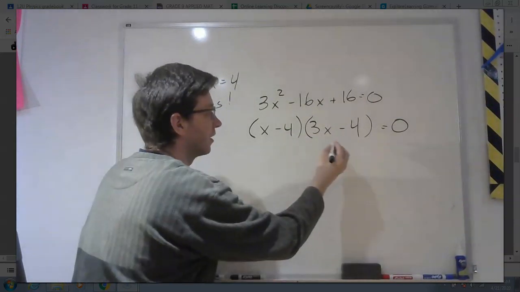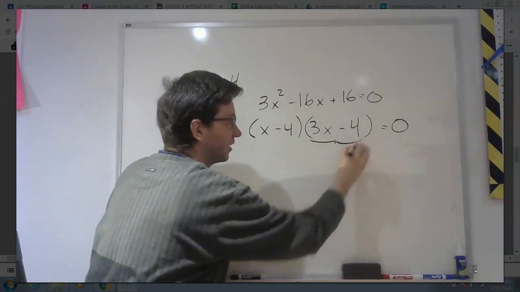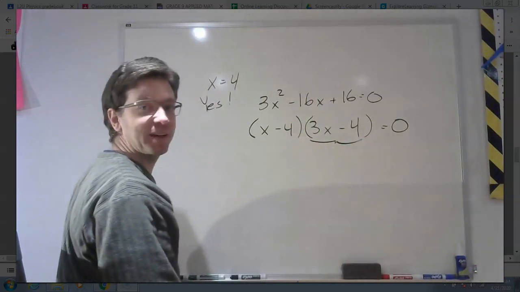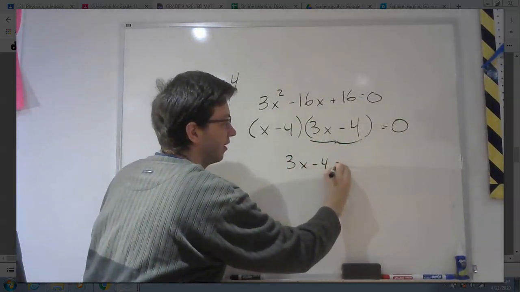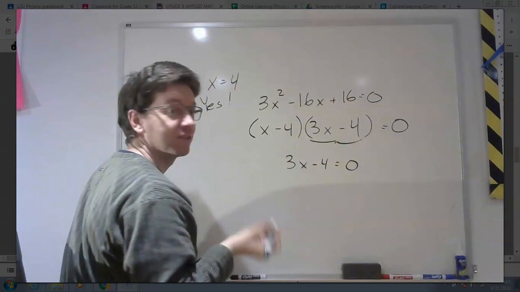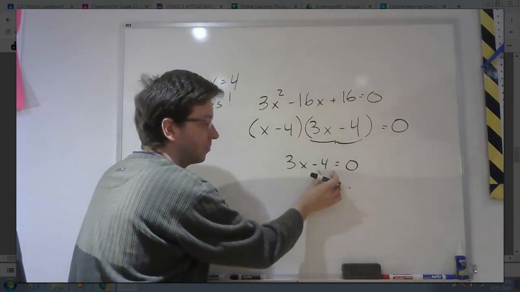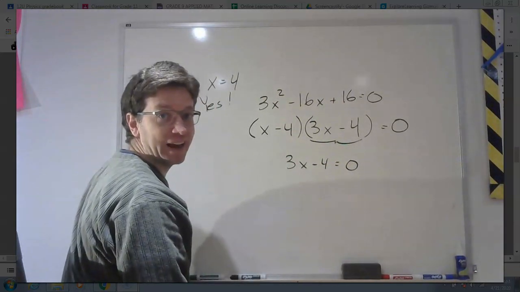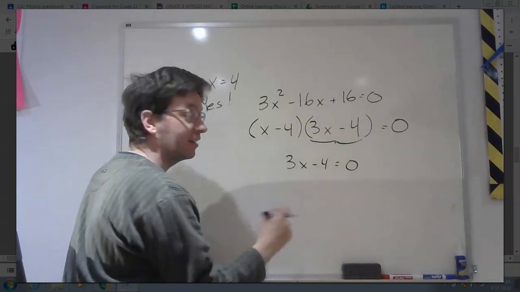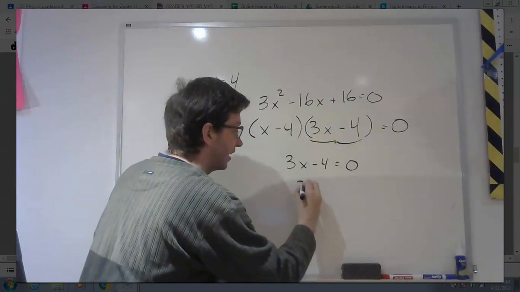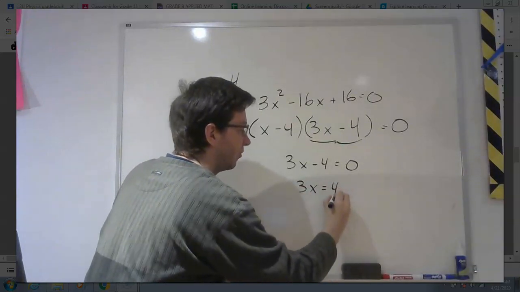But we still need to figure out what this root is. So what would x be to make that bracket 0? Let's set 3x minus 4 equal to 0. Solving this, we're going to bring the minus 4 to the other side by adding it to both sides. Do the opposite operation. If this is being subtracted, we're going to add. So we have 3x equals 4.